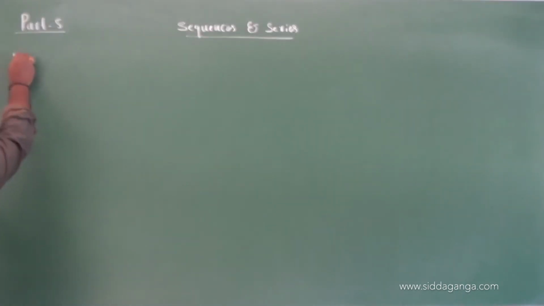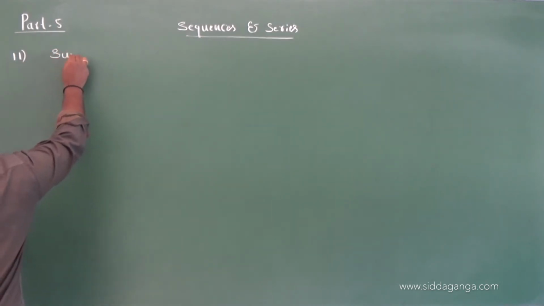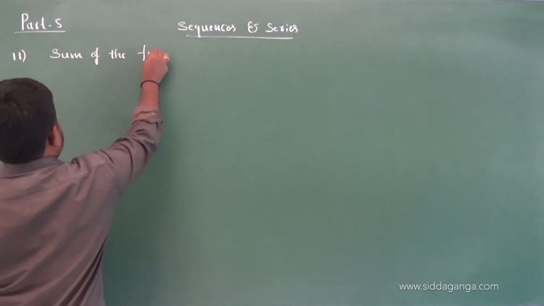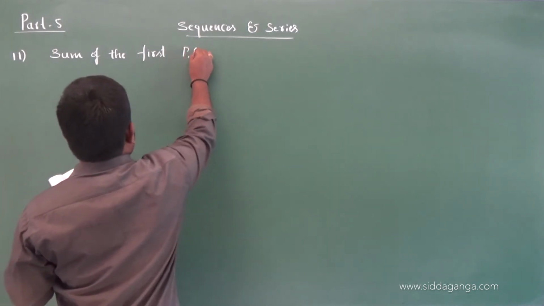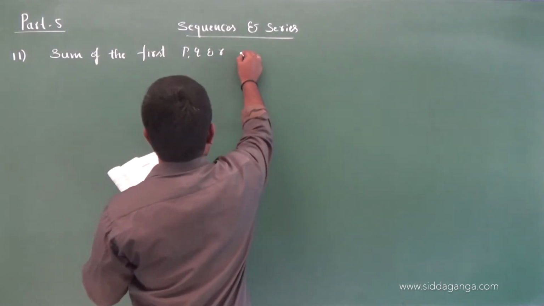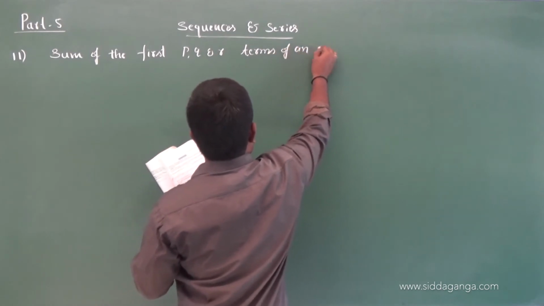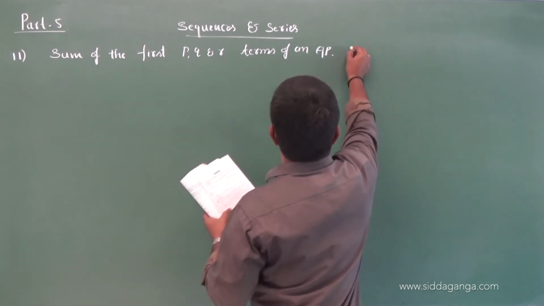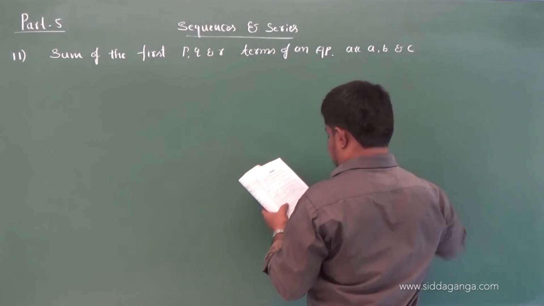The sum of the first P, Q and R terms of an AP are A, B and C respectively.